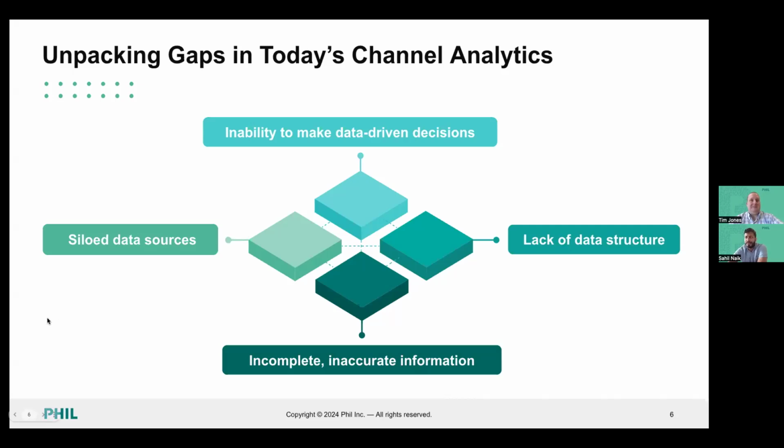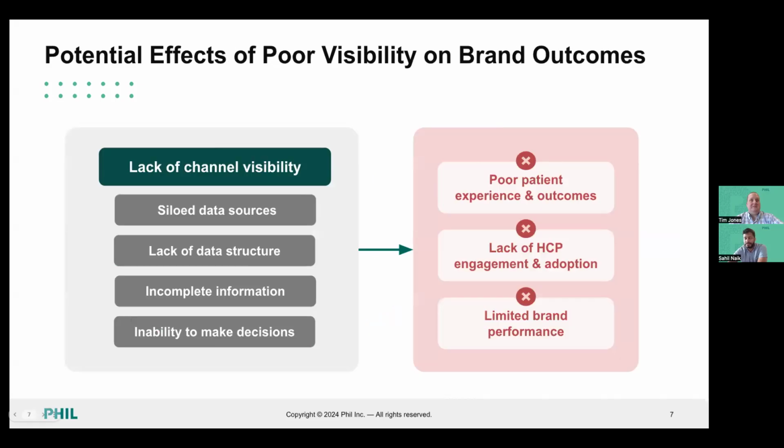Yeah, and as you talk about that, we talk a little bit about the outcome side of all of this. Unfortunately, without the ability to utilize this data, as you've mentioned, Tim, a lot of parts of the channel strategy can suffer, and you're not going to be able to make the best decisions on everything from the patients and how they're able to engage with your product, how they're doing, their adherence, providers, and their awareness of the product, their adoption of the product, what struggles they're facing in terms of working through some of the barriers that can be there for care, especially on, say, more expensive therapies, and brand performance as well.